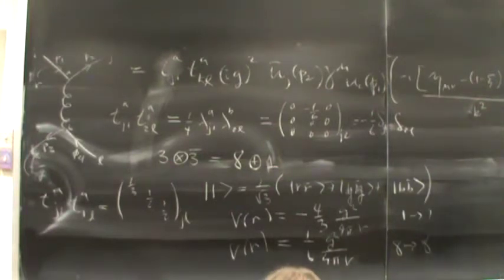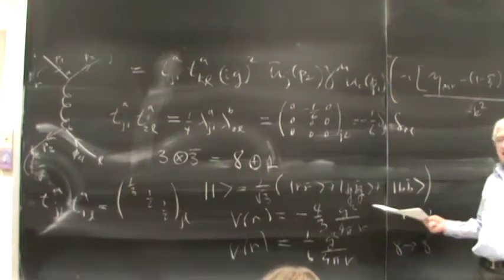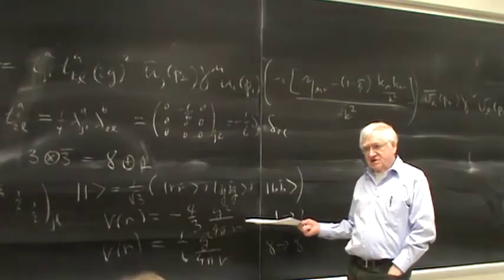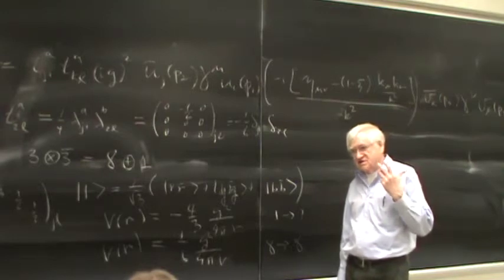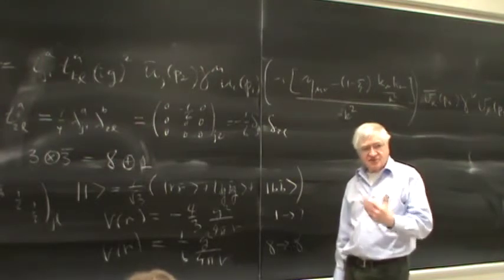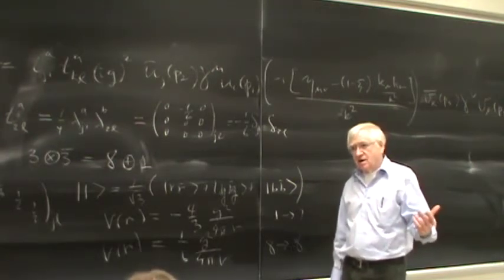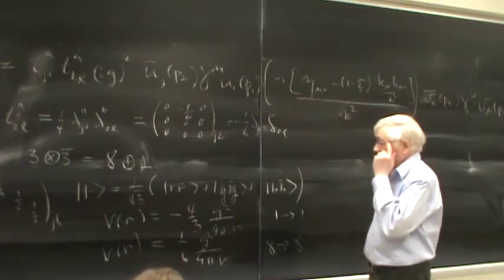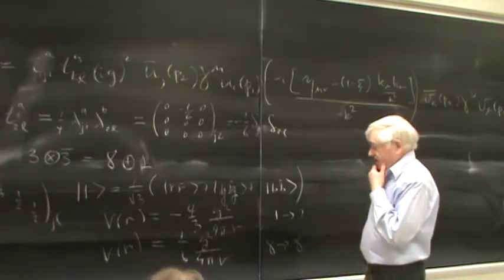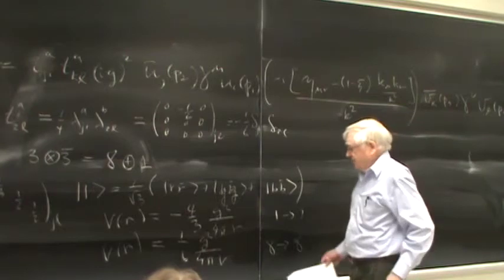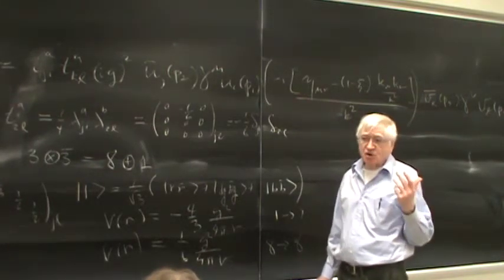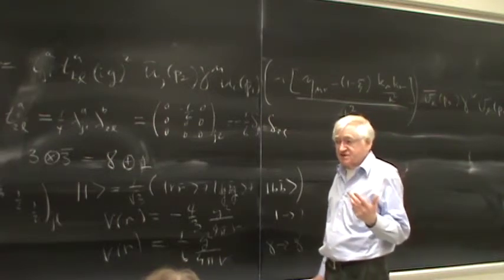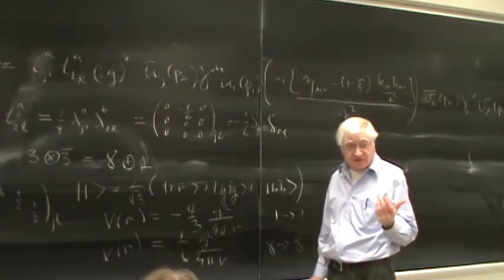So what does that tell you? That tells you that the quark anti-quark potential is attractive if the quarks are in the singlet, repulsive if the quarks are in the octet. And this works out very nicely because what it means is that you can expect that there might be in nature quark anti-quark bound states, but not quark bound states.